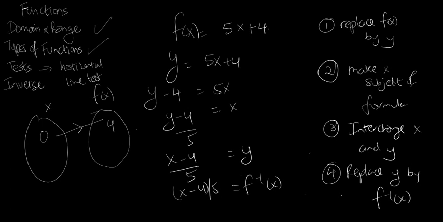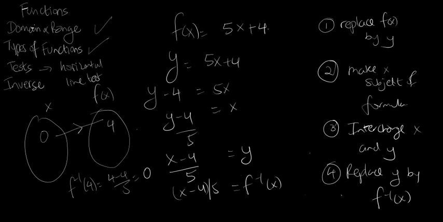What the inverse function should do is take the 4 and make it become 0. So if I take 4 and replace it in the inverse function, f inverse of 4, using the new equation I've got, which is (4 minus 4) divided by 5, what happens? I get 0. So when I replace by 4, I'm getting back 0.